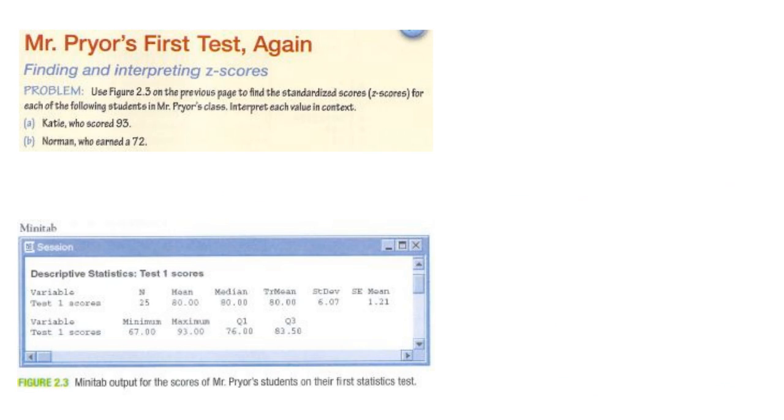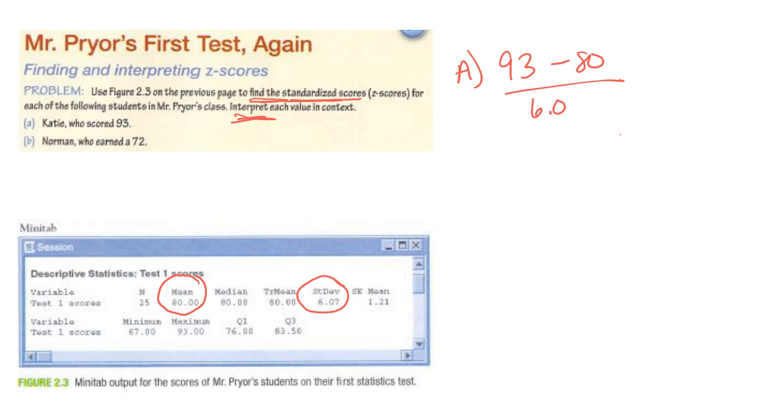Okay, so let's look at what this means with these example problems here. The first one we have here is Katie, who scored the 93. It has us finding the standardized score, the Z-score, and interpreting it. So Katie scoring that 93, she'd be 93 minus our mean of 80 divided by our standard deviation of 6.07. Again, this formula is not on your formula chart, which would give us about 2.14. We're asked to interpret each value in context.